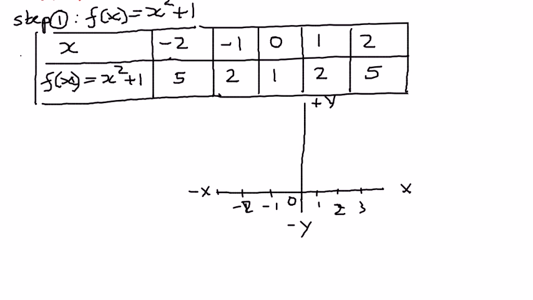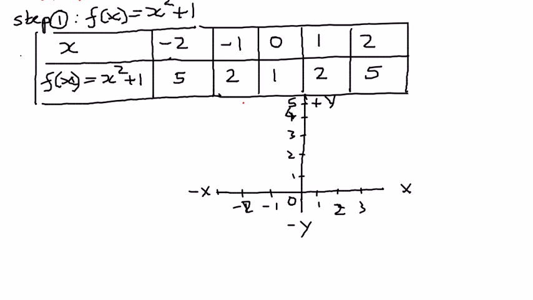On the y-axis, if I call this 1, 2, 3, 4, 5, now we are ready to graph this. Let me put these points, 1, 2, 3, 4, and 5. When x equals negative 2, the value of y is equal to 5.